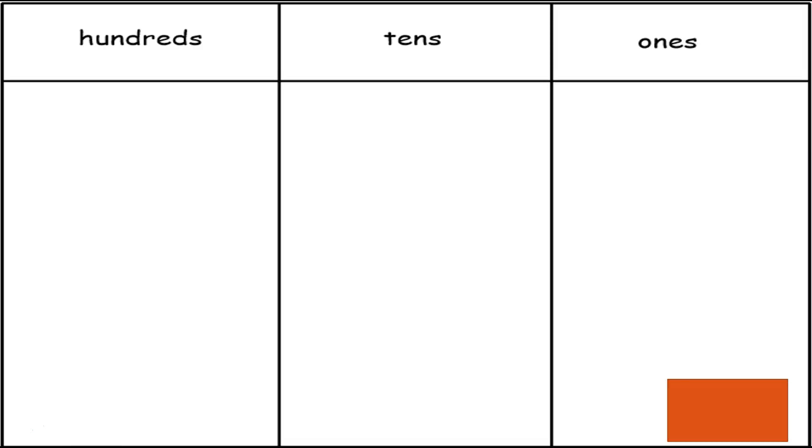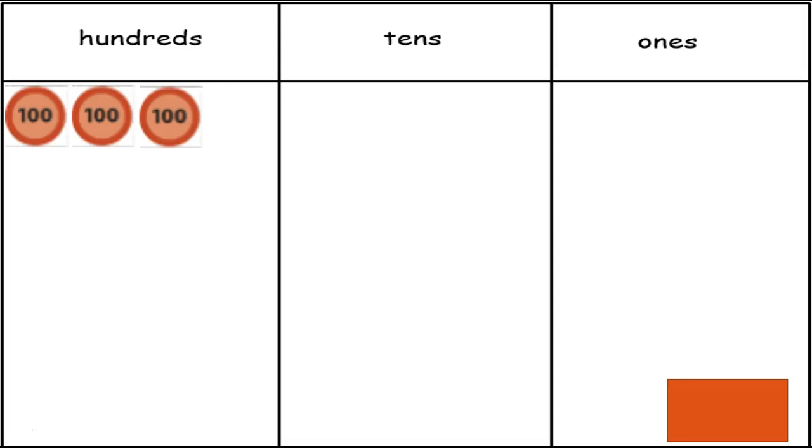Alright, so we're going to count some discs here, and then we're going to figure out how many there are total. So let's count. 1, 2, 3. Is that ones, tens, or hundreds?